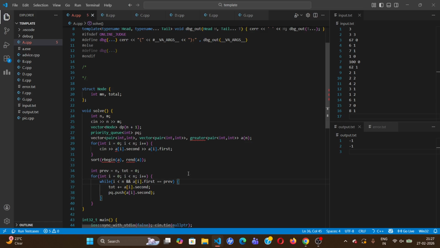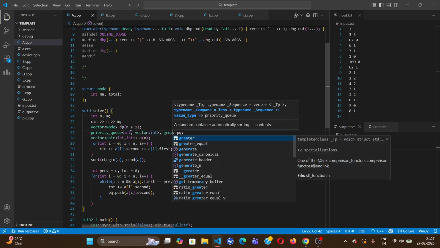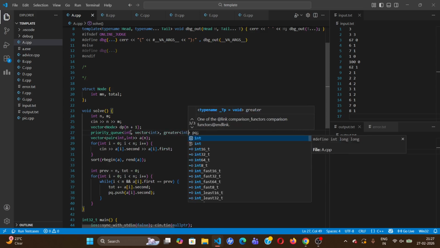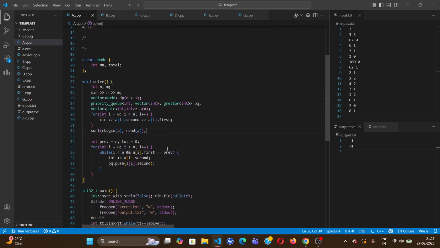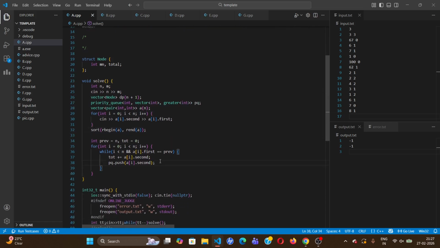That will work. Yeah. Okay, so now we are pushing the priority queue. It will reduce the minimum one.